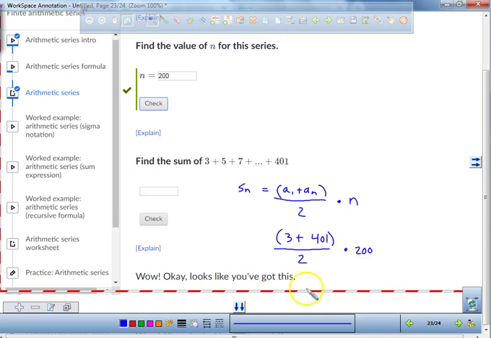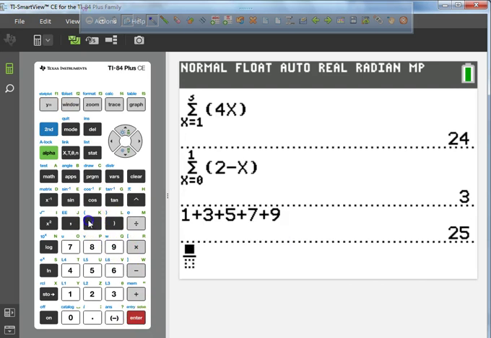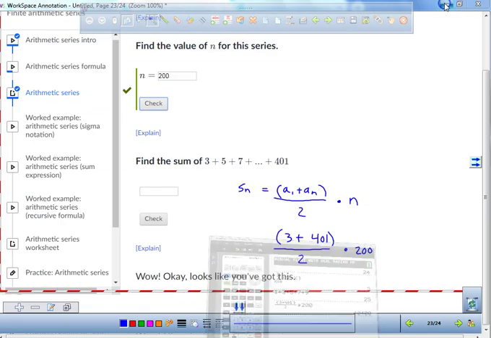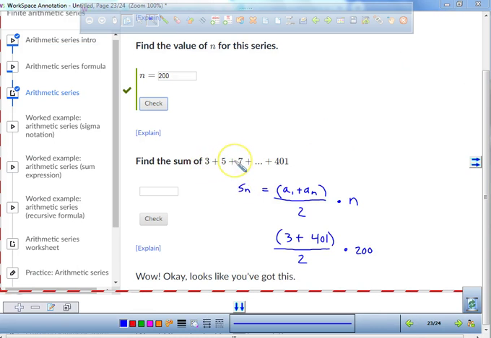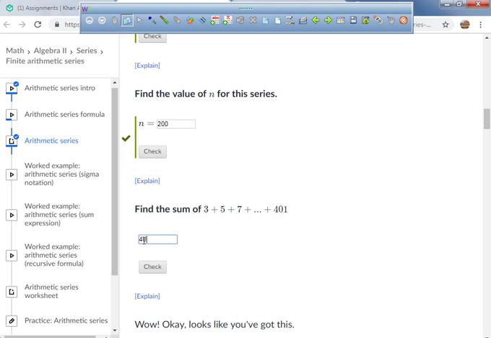So we're going to go ahead and type that in our graphing calculator. 40,400, which means this: if we added 3 plus 5 plus 7 and kept going on and on until we got to 401, what would the final answer be? 40,400. That's what it would be.